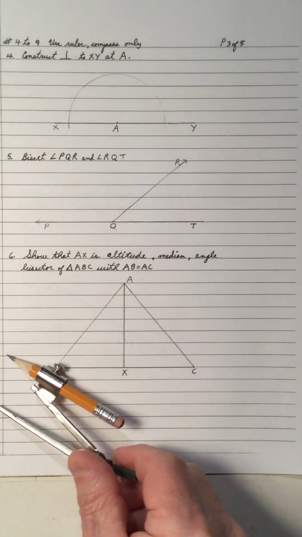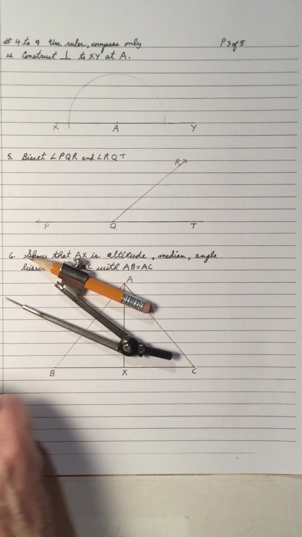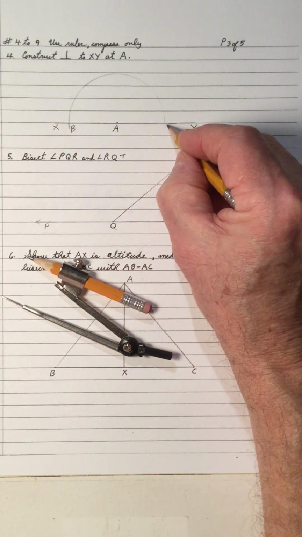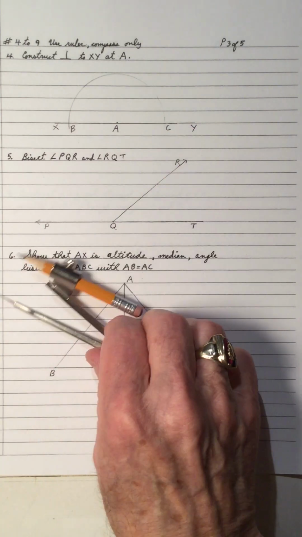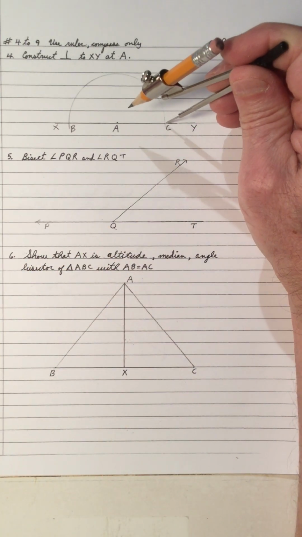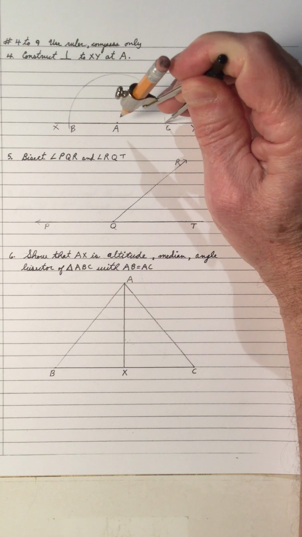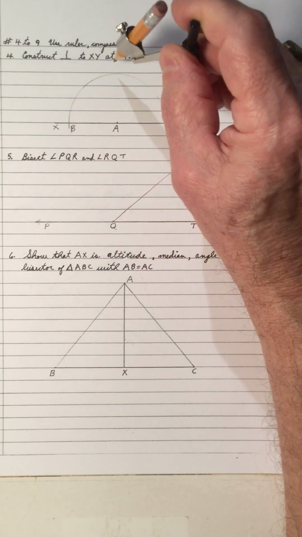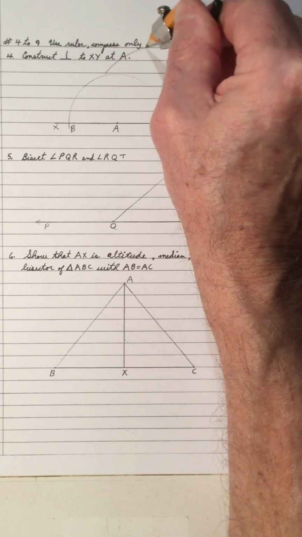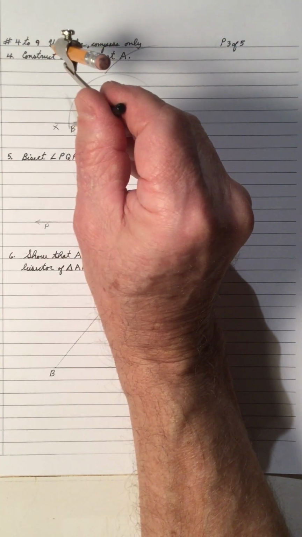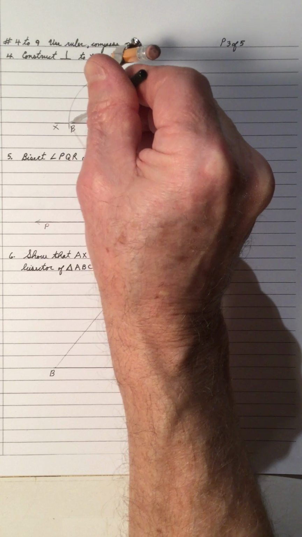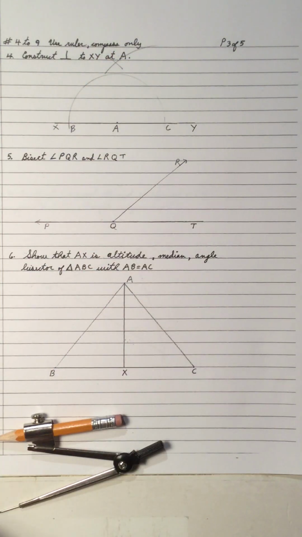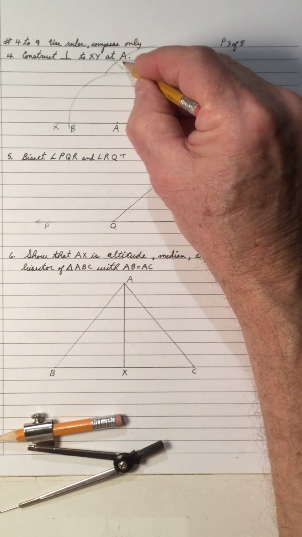So I cut XY at, say, B and C. So I take a radius of my compass more than half of BC. So that's more than half of the length of BC. I draw an arc, put my compass at B with the same radius, draw an arc, and the two arcs intersect, and let's say is at E.